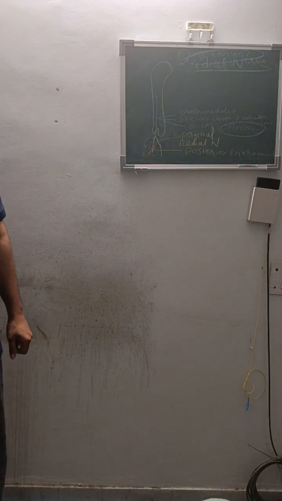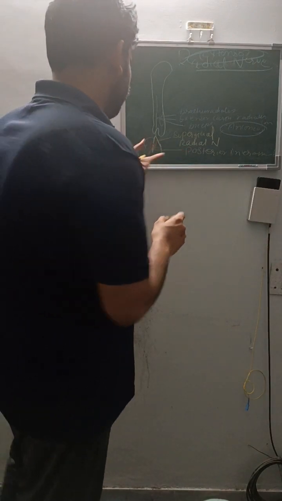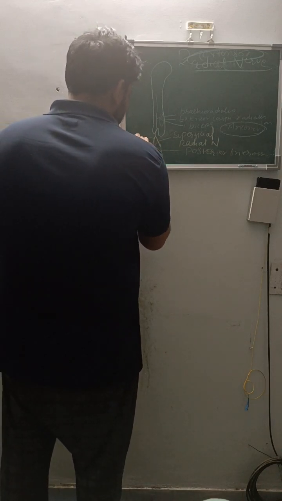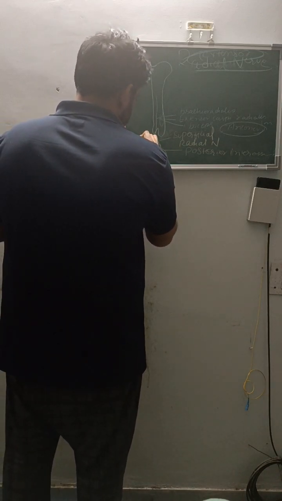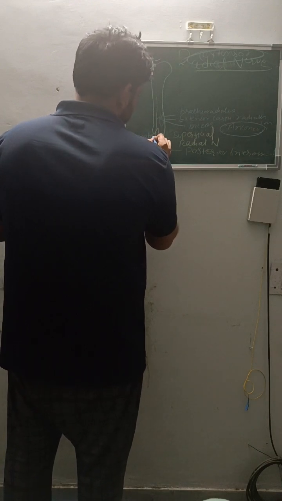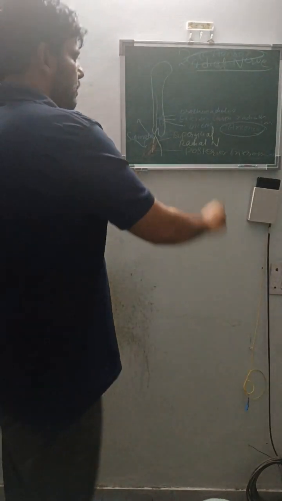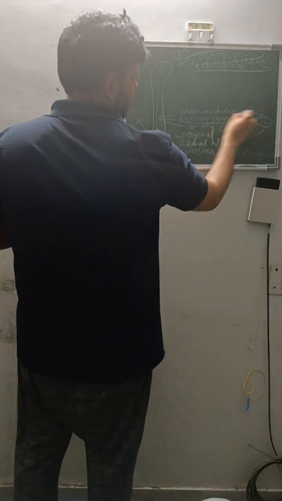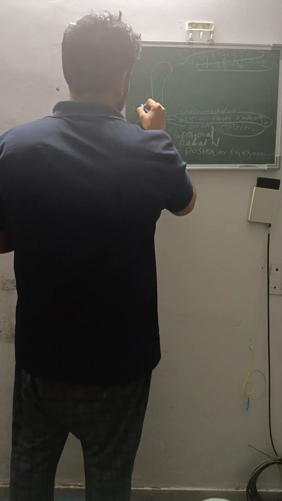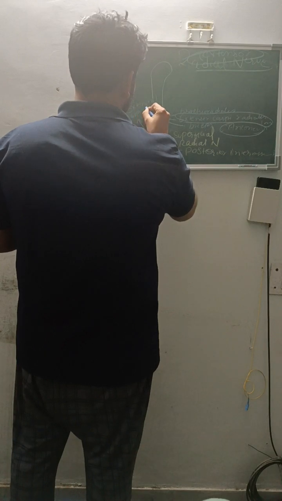Before piercing the supinator, it also supplies one more muscle, the extensor carpi radialis brevis.